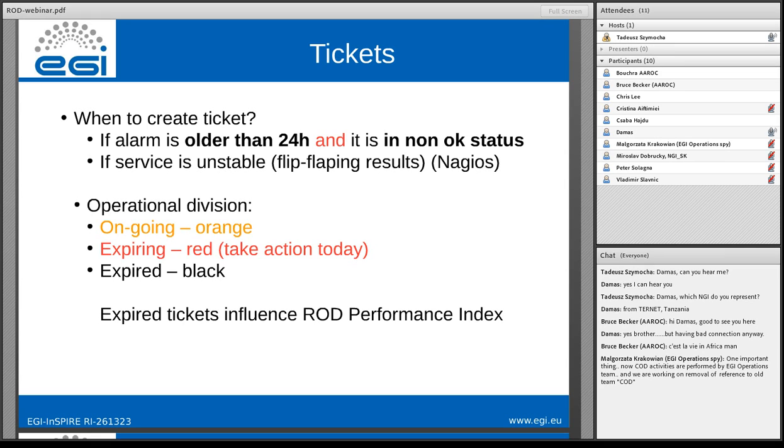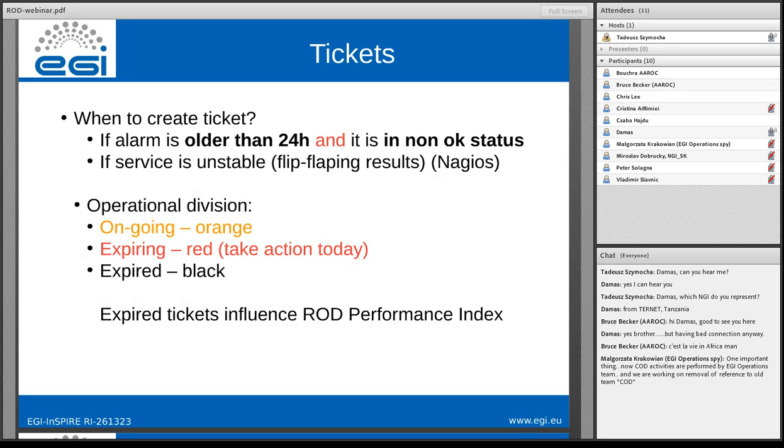When do you create a ticket? We already talked about this: when the alarm is older than 24 hours and is in a non-OK status, or if the service is unstable. These are the two reasons. We have in the dashboard a division into three kinds. One is ongoing, in orange color, that are being handled right now.